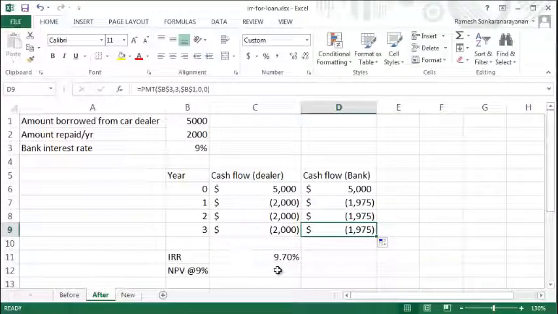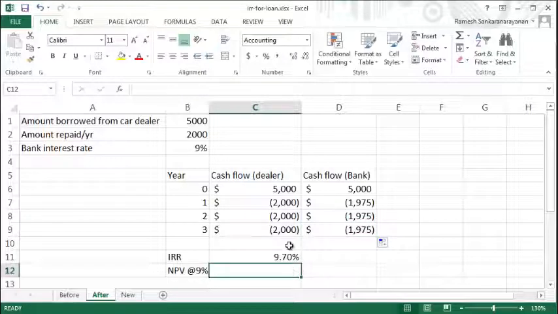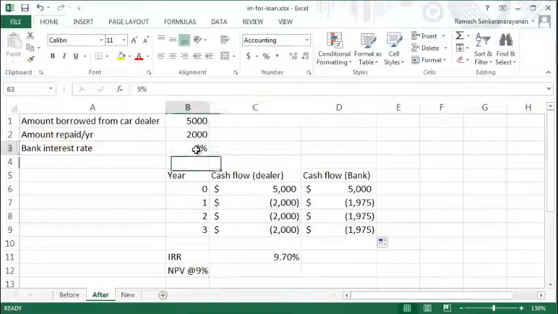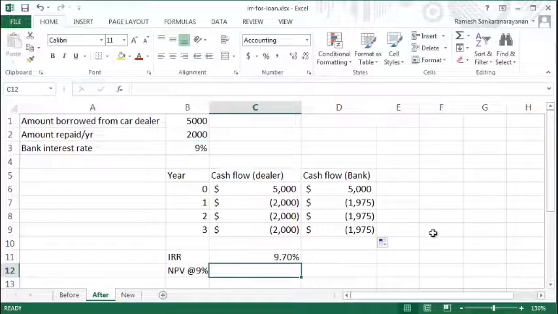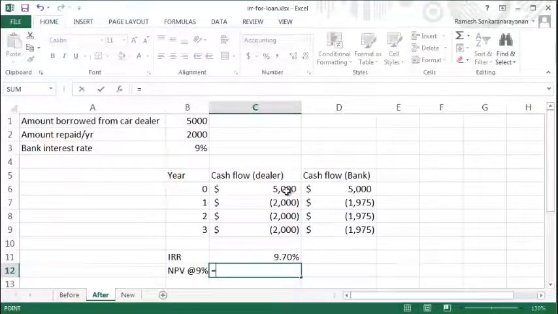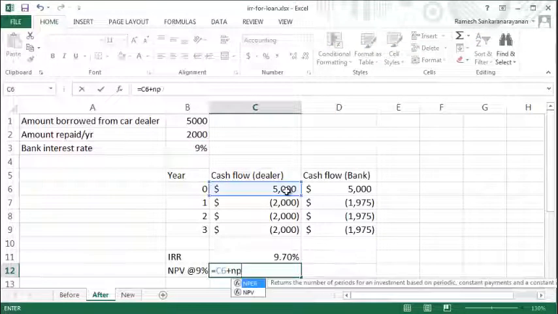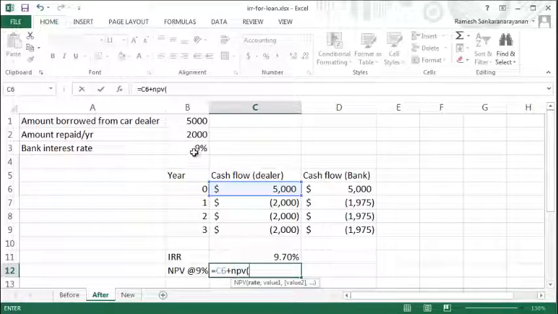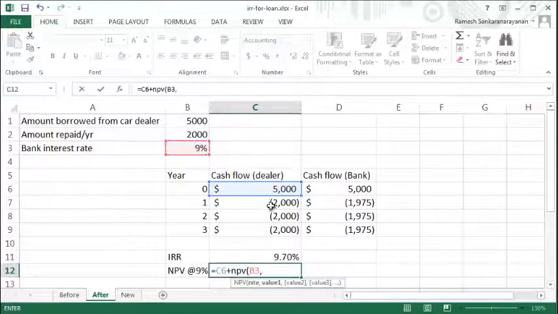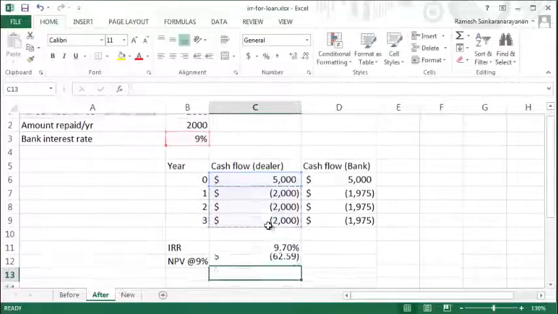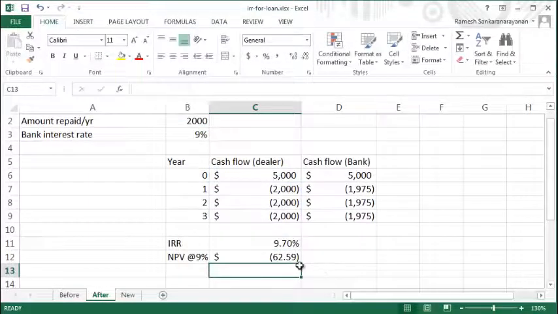Another way to look at this is to compute the net present value of your cash flow when you borrow from the dealer at a 9% bank interest rate, and you will see that it will be negative. So equals 5,000 plus NPV of the bank interest rate and these cash flows, and you can see it's actually negative.